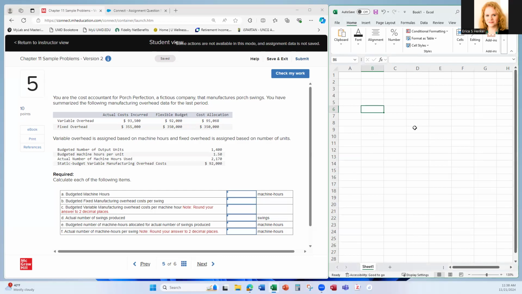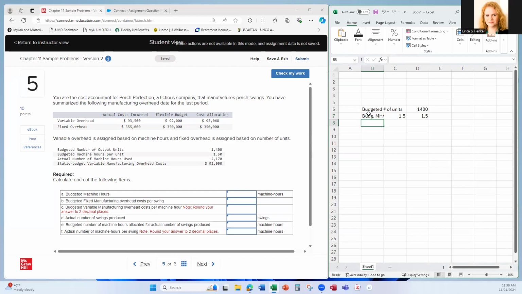I'm just gonna, let's see, budgeted number of units. Whoa, and I spelled units wrong, typo there. There we go. So 1,400 units. Budgeted machine hours per unit is 1.5.